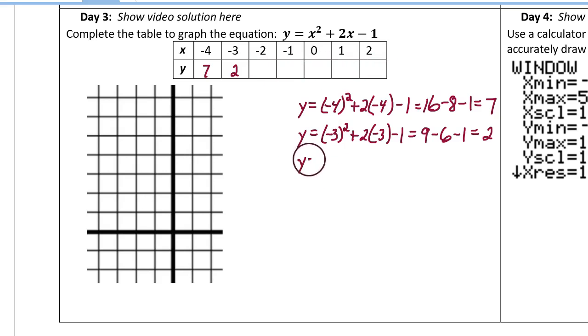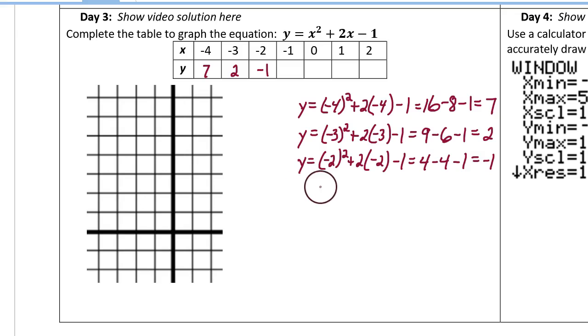So the next number you substitute in is -2. -2 squared makes 4. 2 times -2 is -4, and then -1. So 4 minus 4 is 0, minus 1 is -1.